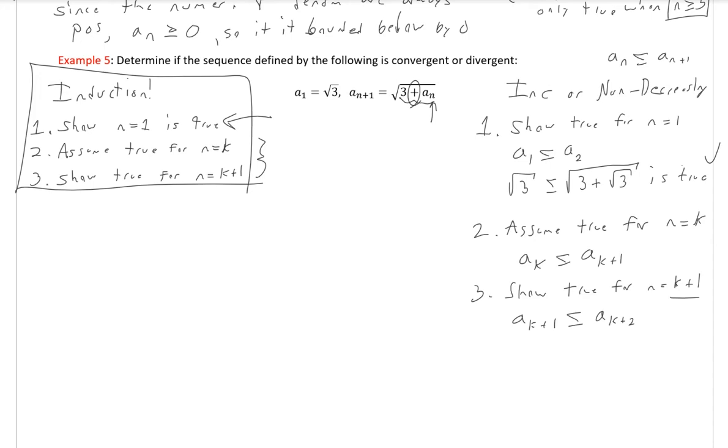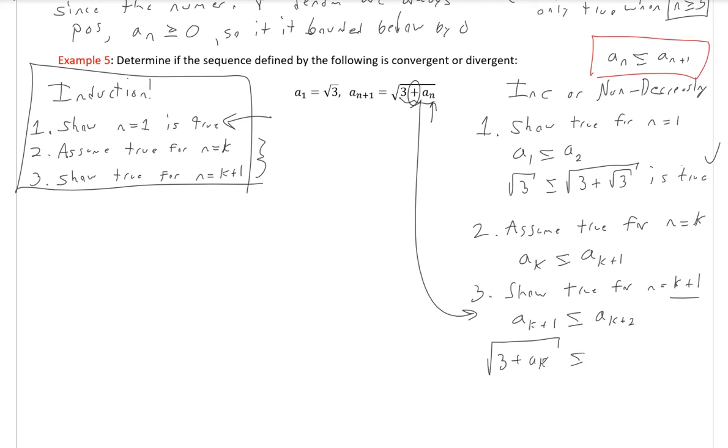Again, all this is coming from the fact that this is what it means to be non-decreasing. Now, this may sound difficult, but it's not going to be. If we just plug in what this would mean from the original equation, a sub k plus 1 is equal to the square root of 3 plus a sub k.